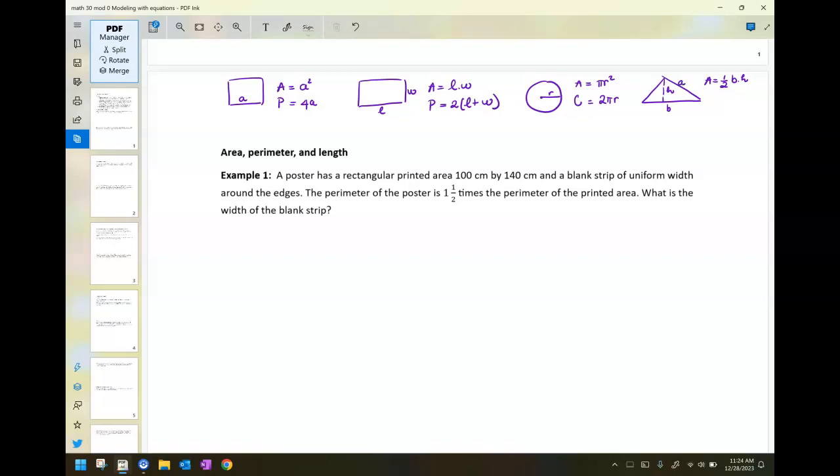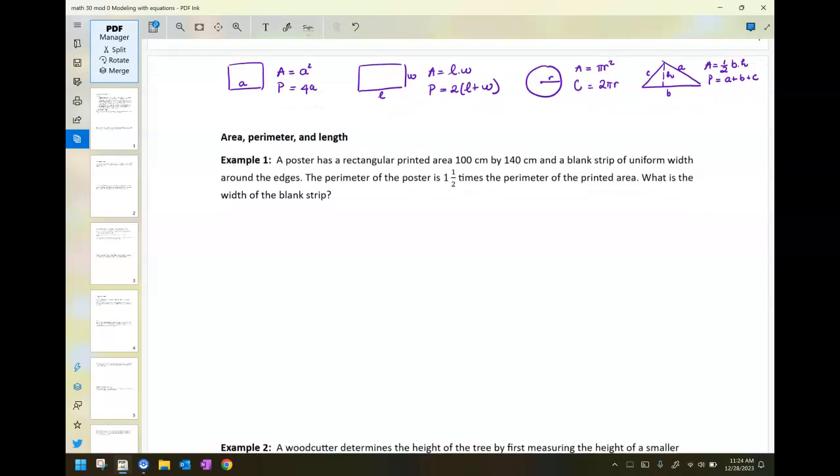Let the lengths of the sides of the triangle be a, b, c. Then the perimeter equals the total of all three sides. So those are the common figures that you should have memorized or have on hand.